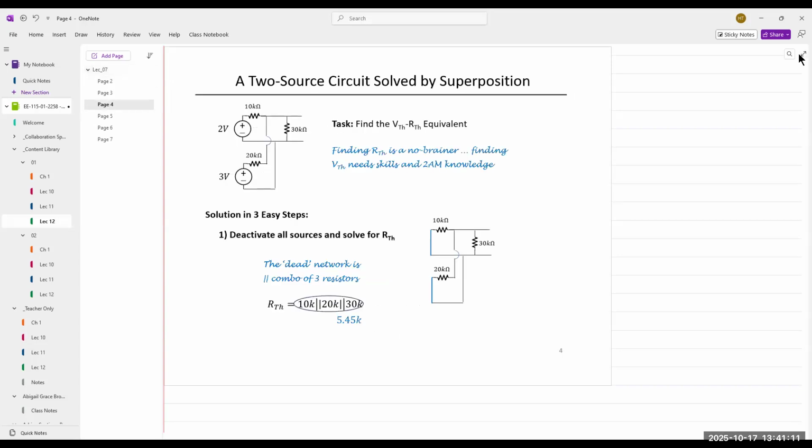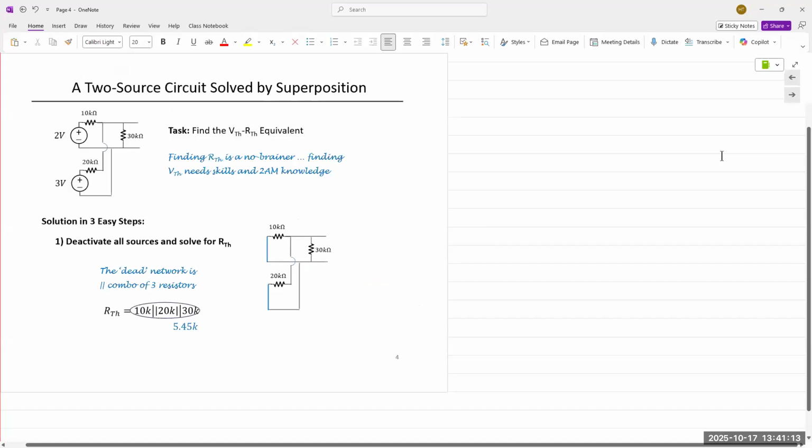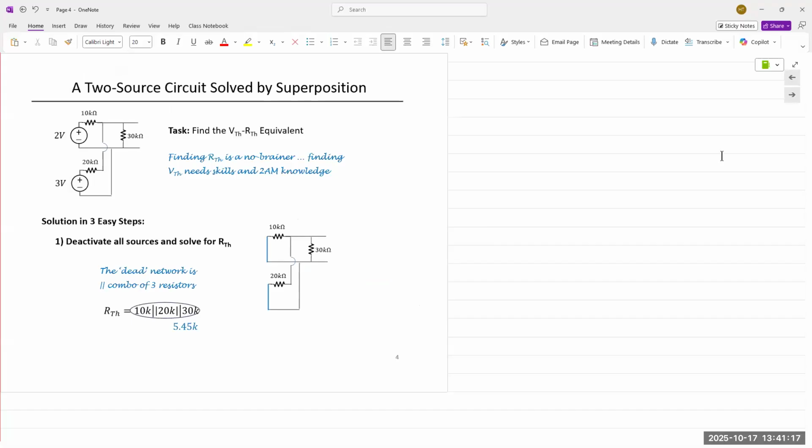All right, principle of superposition. How many of you have heard of superposition before in physics? Yeah. So superposition applies to linear circuits. What it states is, if you have a circuit comprising multiple sources, including voltage and current sources, all of them together, you can analyze the circuit piece by piece.